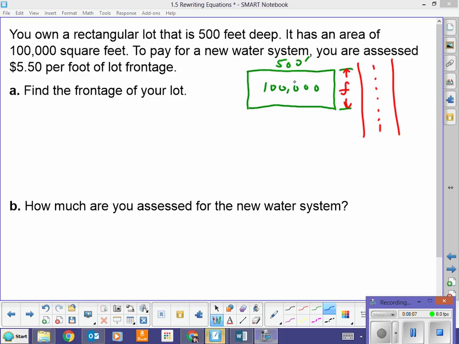I know that the area equals length times width.